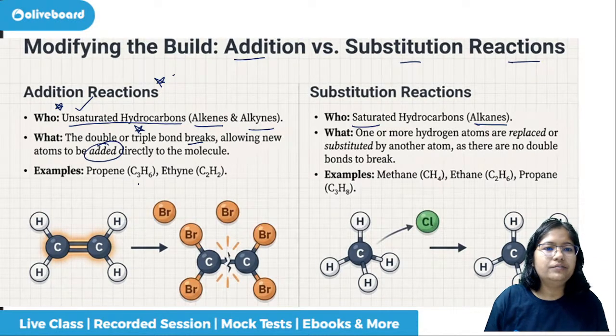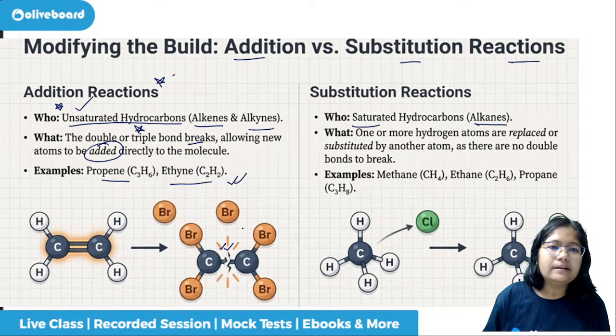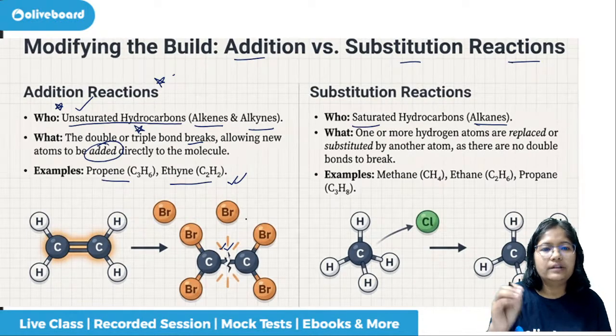For example, if you see propene, if you say ethene, in this case, what happens? Even this double or triple bond can be broken as well, and they can have the addition, they can become new molecules.